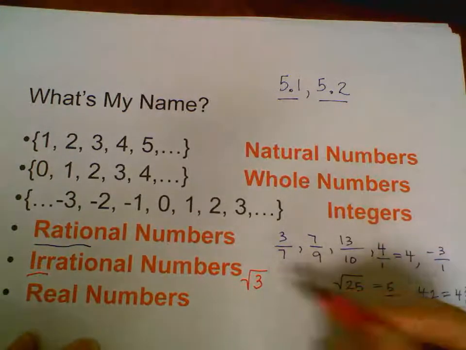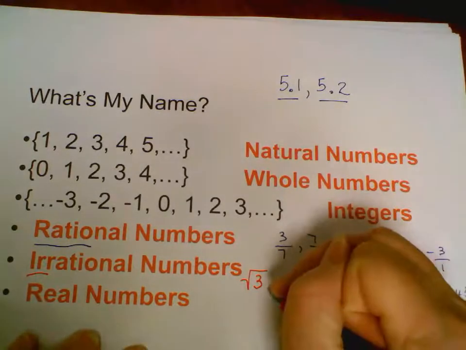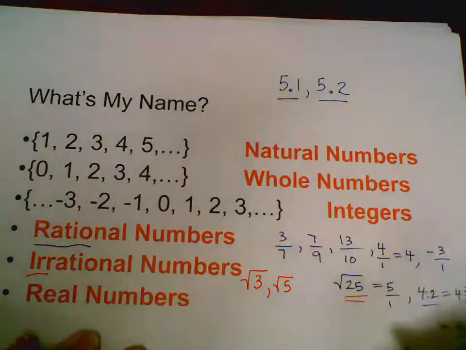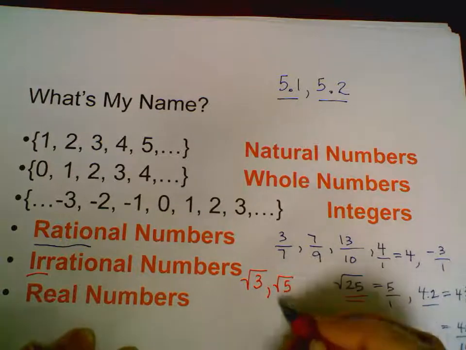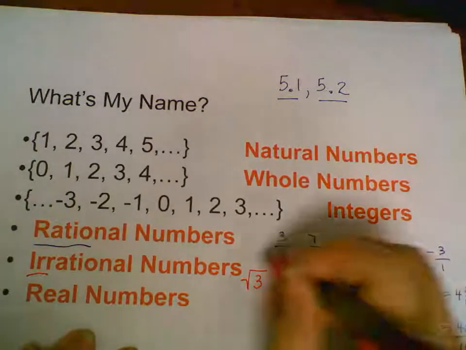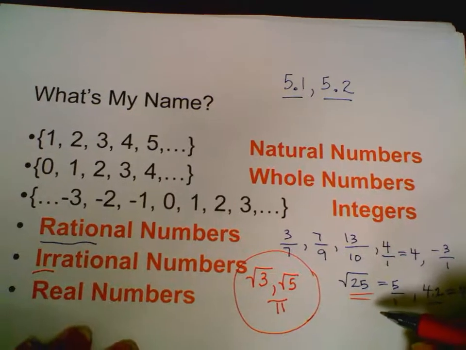So it's not rational. It cannot be made into a ratio. So any of the square roots that aren't perfect squares will be irrational numbers. Pi is an irrational number. So there's a whole infinite group of things that are irrational numbers.